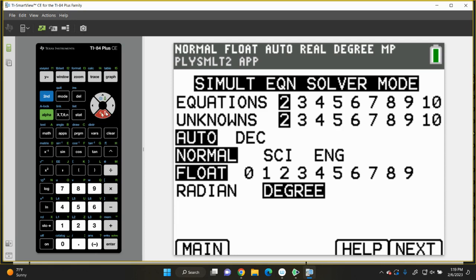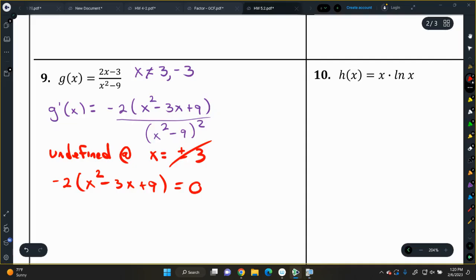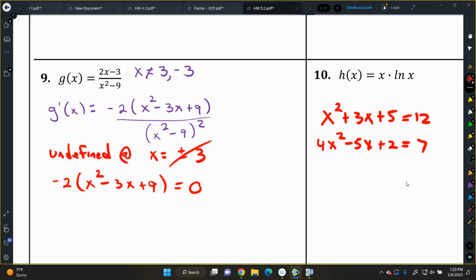Let's say you had x squared plus 3x plus 5 equals 12, and 4x squared minus 5x plus 2 equals 7. You don't want to spend time solving this on your AP exam.